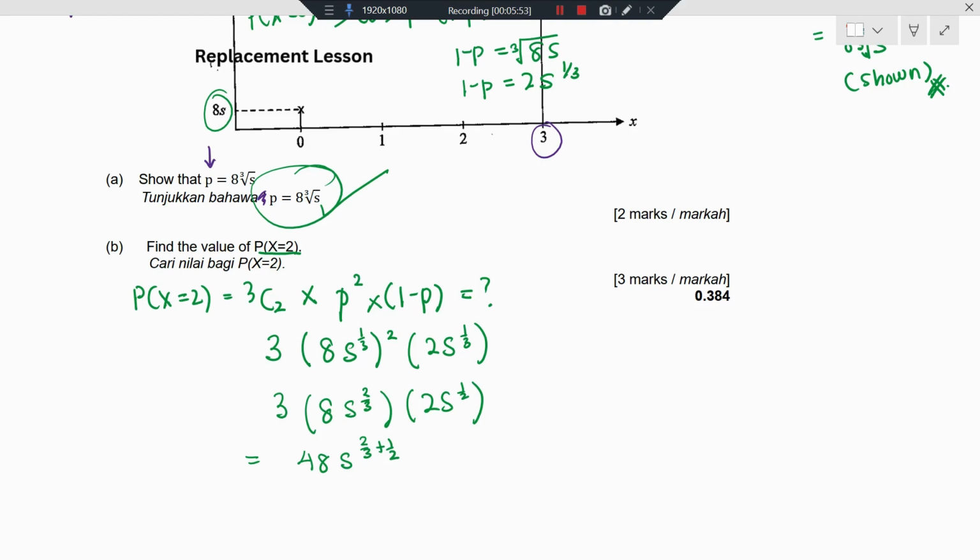Why does this one become plus? Because when you multiply the same base, the powers add. So 48, 2 over 3 plus 1 over 2 is 7 over 6. Sorry, s to the 7 over 6.